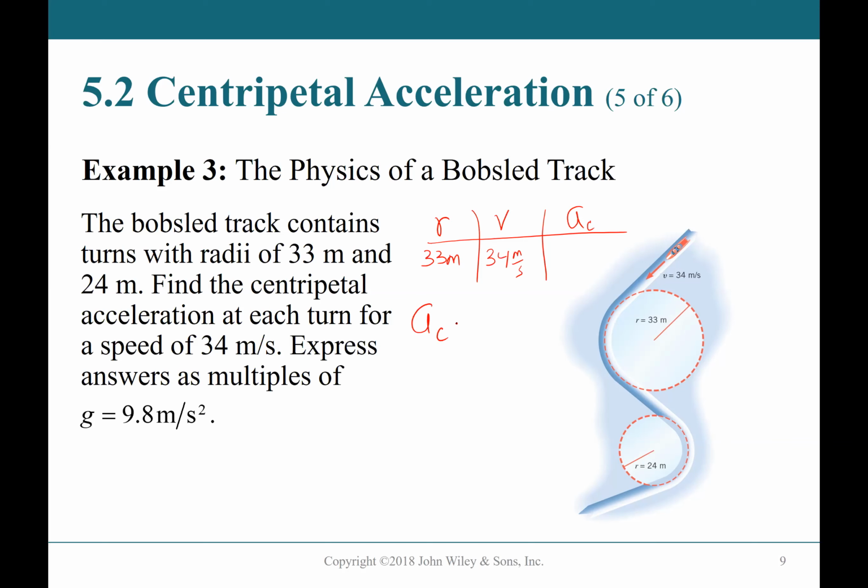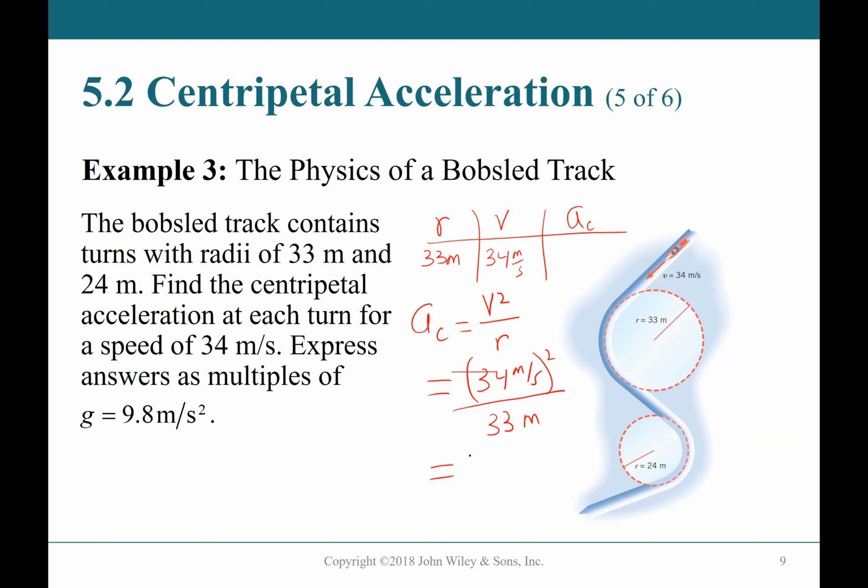So of course, that's very easy to solve. A sub c, we know, is v squared over r. So we have 34 meters per second, we square that, and we divide that by 33 meters.